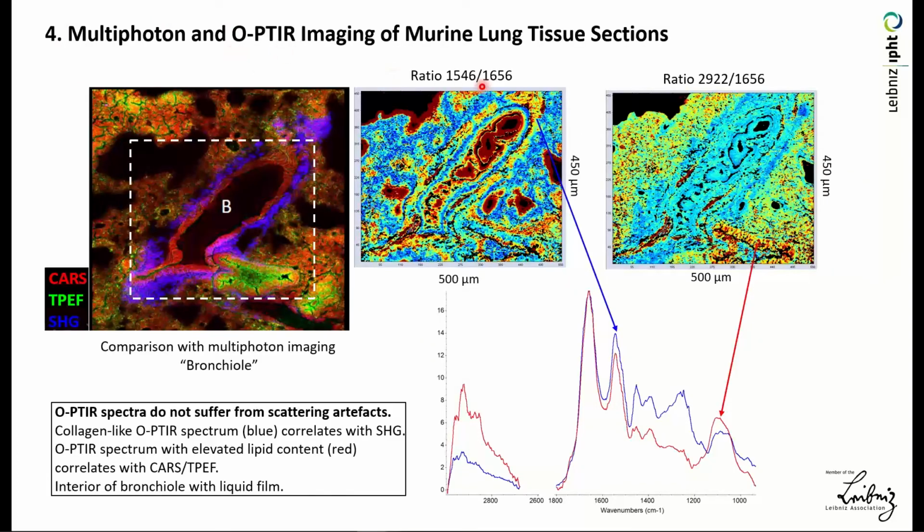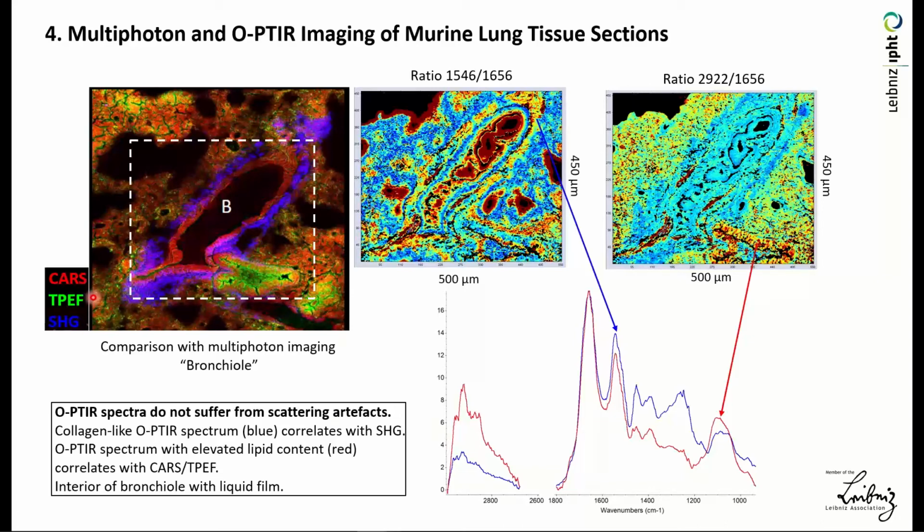We studied also lung tissue from mouse by O-PTIR, and it's clear that the O-PTIR spectra do not suffer from scattering artifacts. This is evident here by two representative spectra. We collected also a multiphoton image from a region of interest. So the CARS channel is here plotted in red.